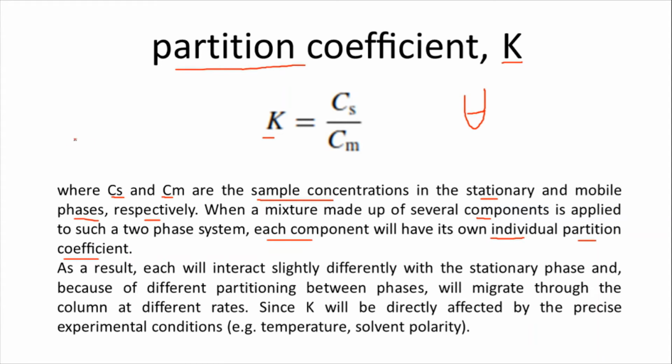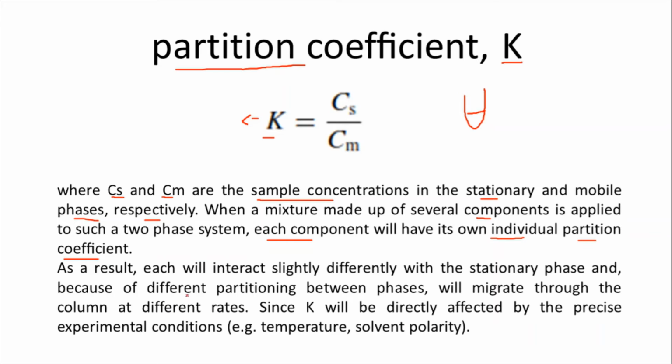Each individual molecule has an individual ability of solubility and adsorption. According to those behaviors, the sample molecules partition in the stationary phase, so each molecule has its own partition coefficient. We need this partition coefficient for another advanced technique of TLC.